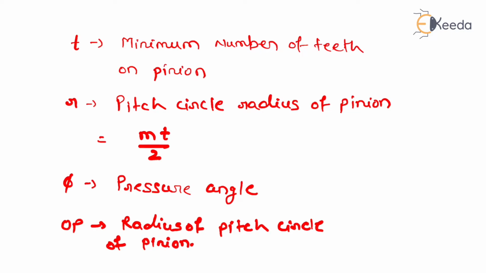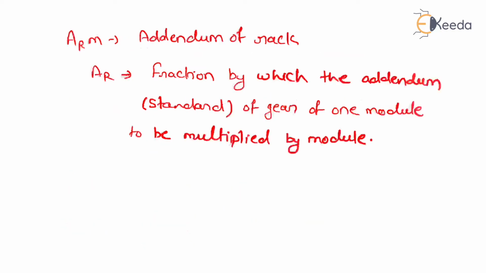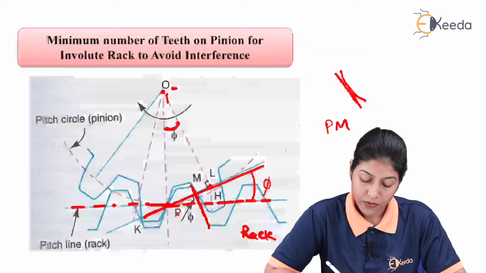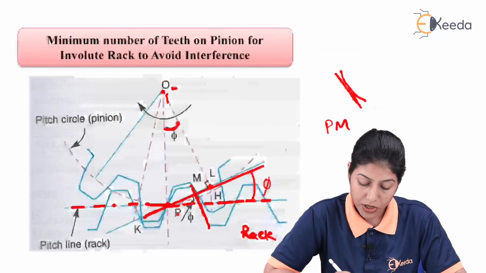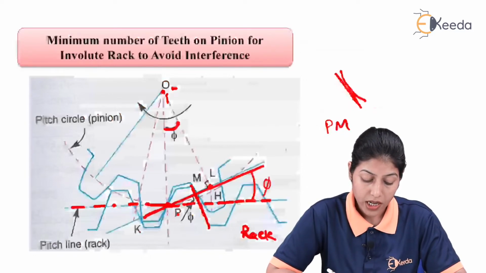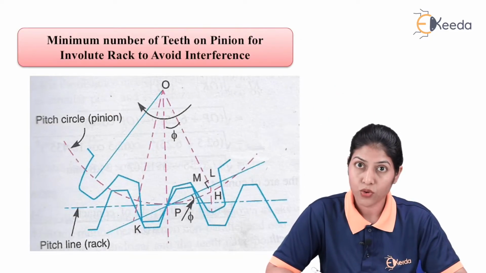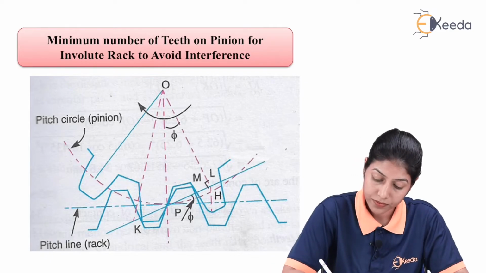So here if we want to define the addendum of the rack, we have to define it when this particular rack gear is in contact with the pinion. As we know, addendum we are considering as AR into M, where M is the module.